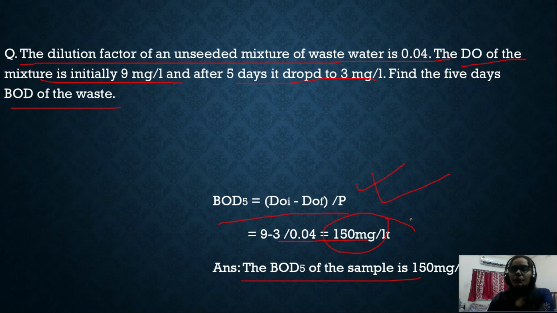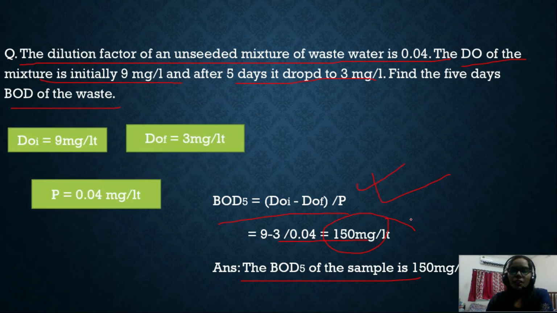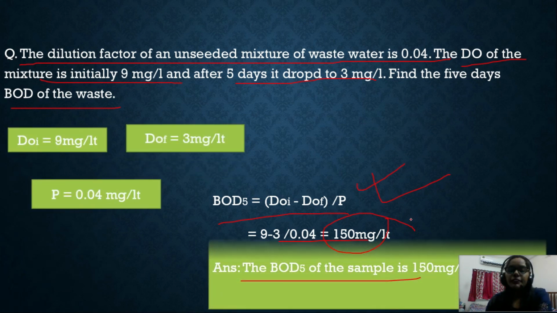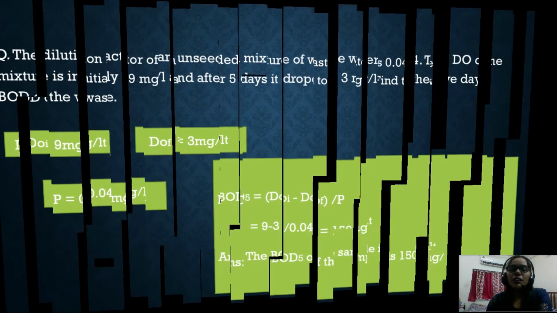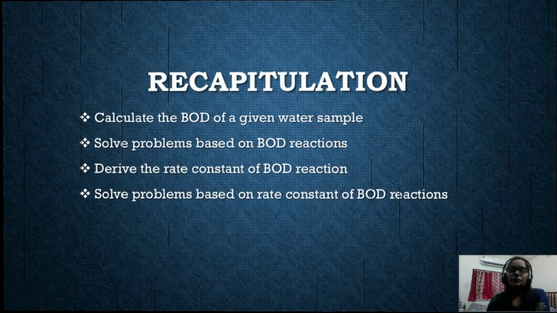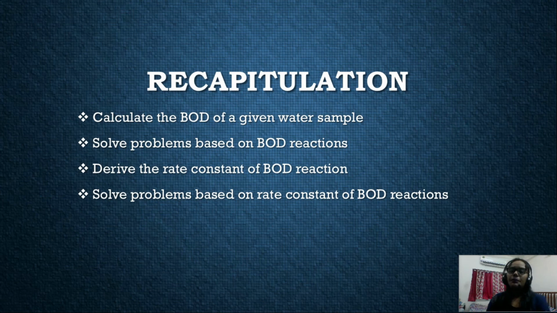So this is all about today's class. Next day we will discuss problems based on the BOD reaction, based on the rate constant. So this is the recapitulation of whatever we have discussed so far in this class.